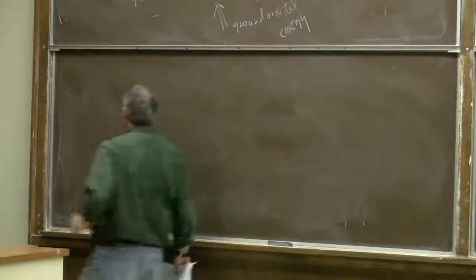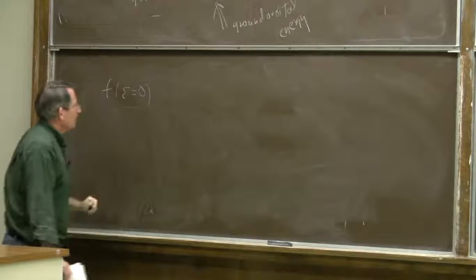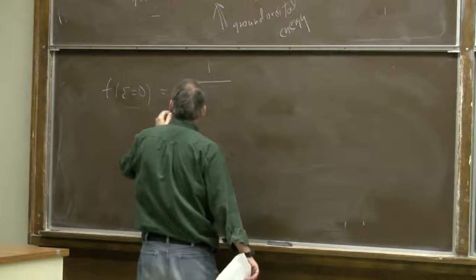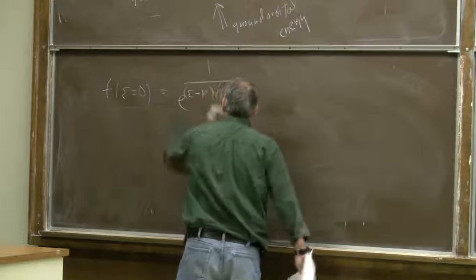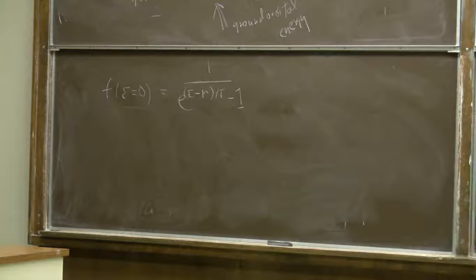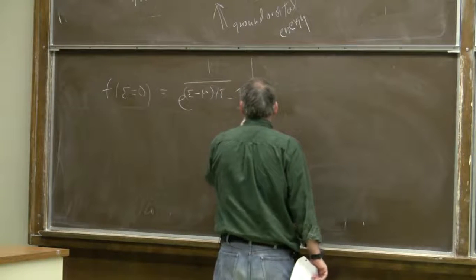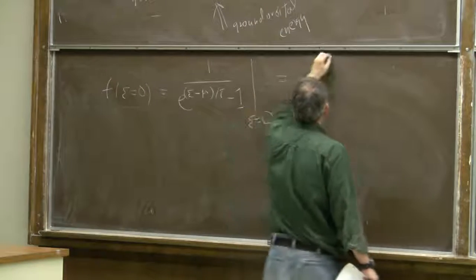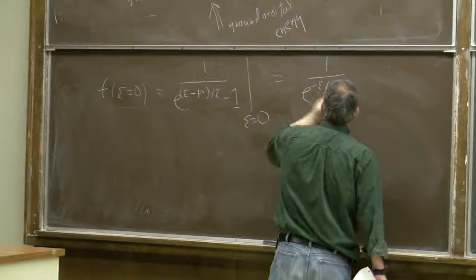It's our distribution function evaluated at 0. So the distribution function for bosons is 1 over e to the epsilon minus mu over tau, minus 1. But we're evaluating that where epsilon is equal to 0, the energy of the ground orbital. So it's just 1 over e to the minus mu over tau, minus 1.